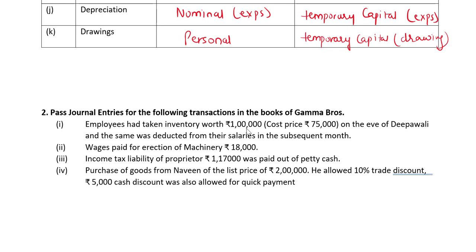The cost price is 75,000 on the eve of Deepavali, and the same was deducted from their salaries in the subsequent month. So the employees had taken this inventory at 75,000. The cost is 75,000. So we need to reduce the purchases.